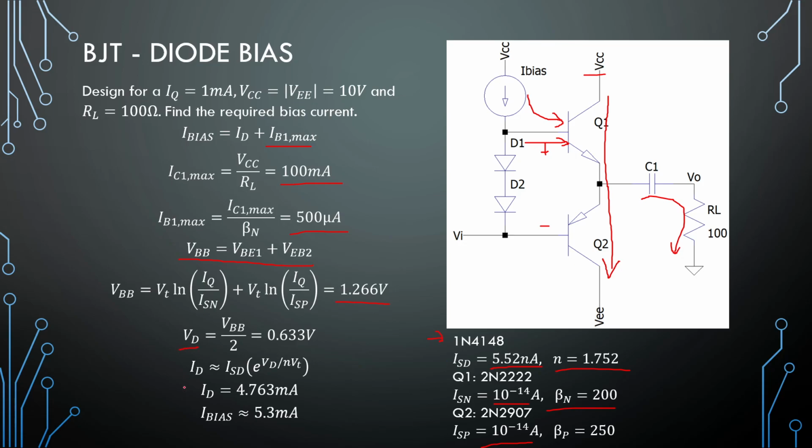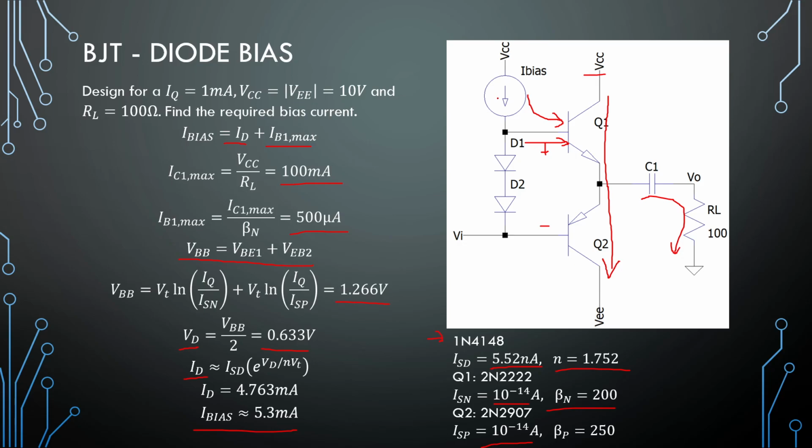Okay, so over each diode we require 0.633 volts. So with that we can calculate the diode current required, and that is 4.763 milliamps. And if we add it right here, we get approximately 5.3 milliamps as our bias right here.